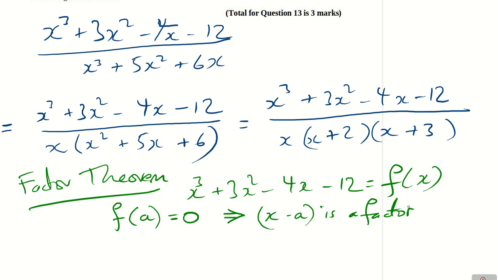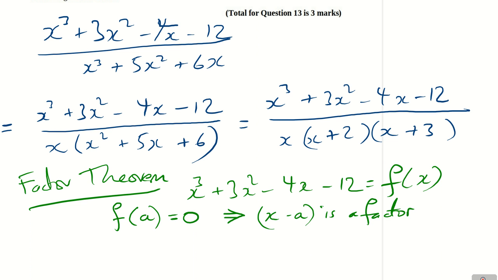So you're going to have to try different small numbers for a and see if we can find one where f of x goes to 0. Well, 1 is obviously not going to work, because 1 is just going to give us 1 cubed plus 3 times 1 minus 4 minus 12. That's obviously not equal to 0.